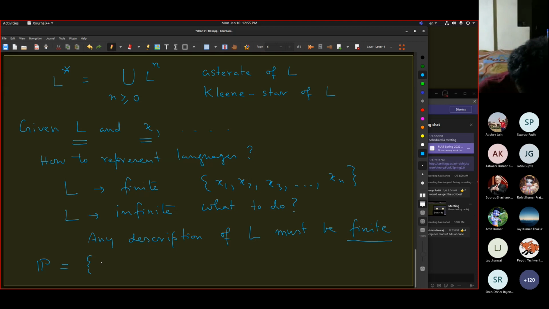Let me write this: the set of all n in N such that n is greater than 1 and for all u, v in N, n equal to uv implies u equal to 1 or v equal to 1.